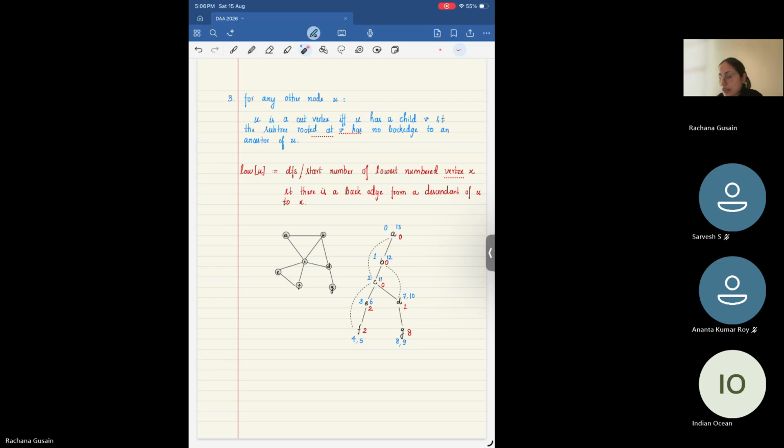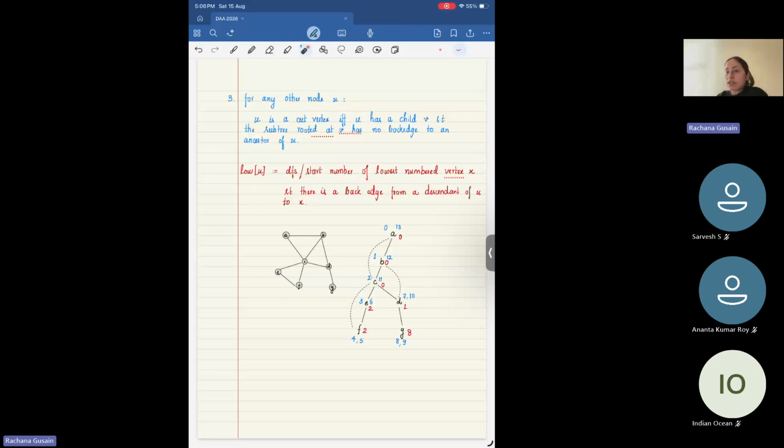Ma'am, in order to keep track of low of a particular node, are we starting from the leaf and going upward? Yeah. You run DFS, and in your DFS implementation itself, you have to write some statements where you update the low of u, the low of that vertex. Whenever you start exploring a vertex, initially low of u will be equal to the DFS number of u.